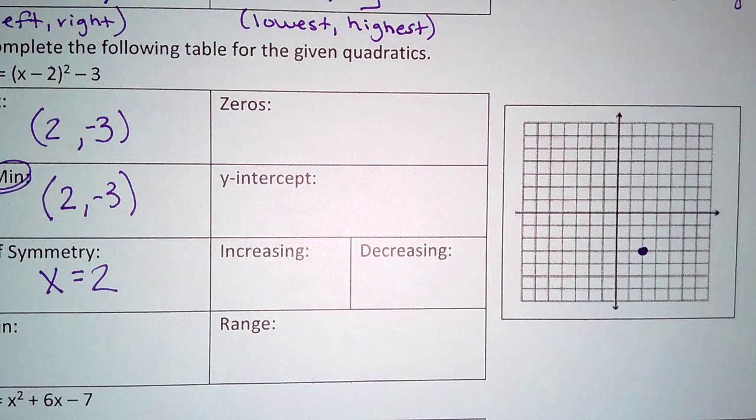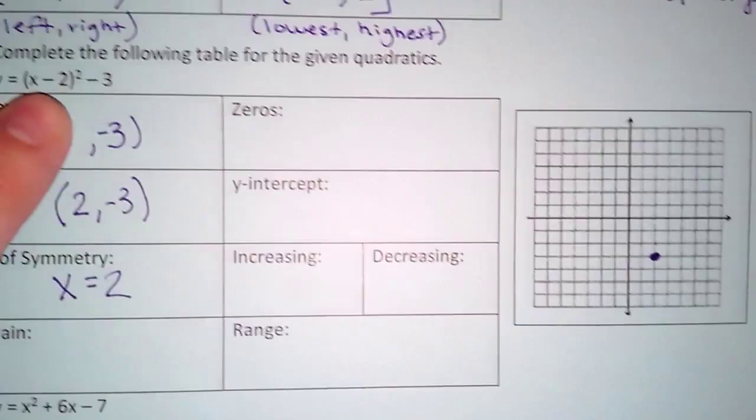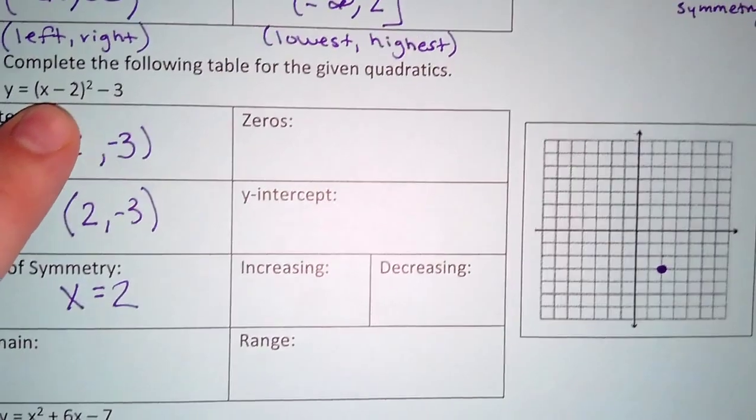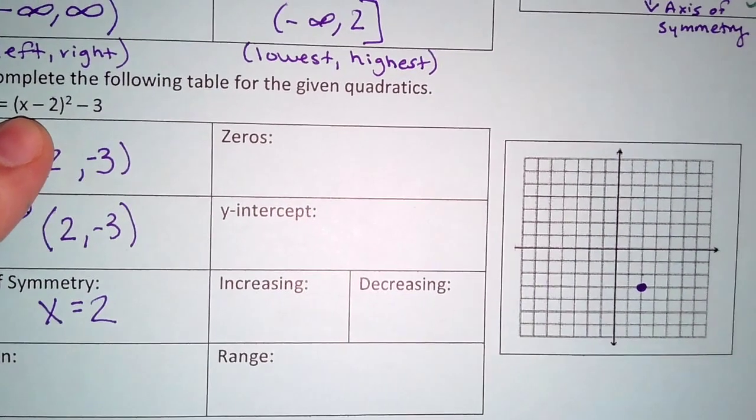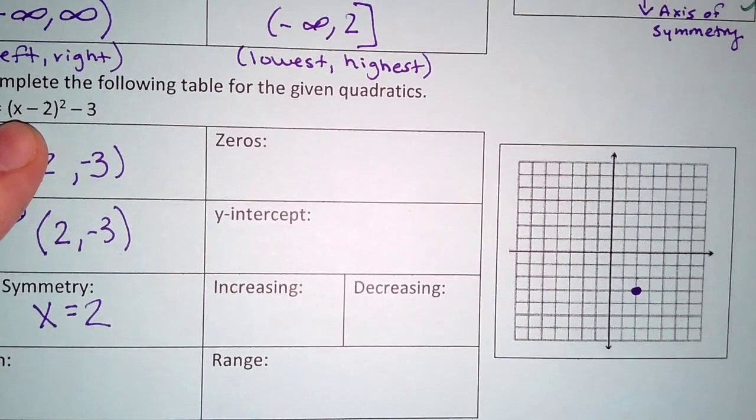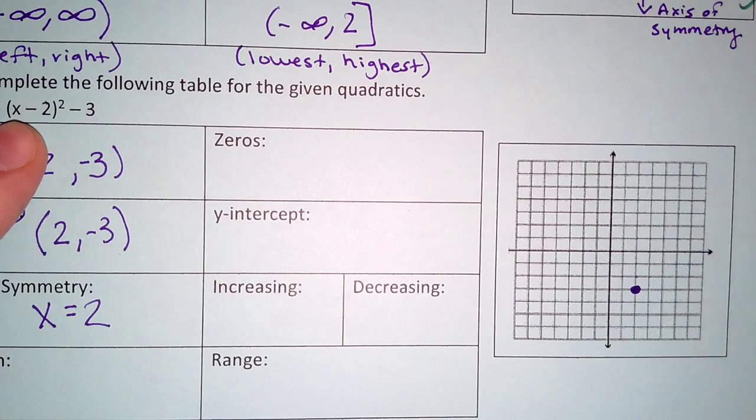Okay, zeros. Well, it's what we did on that board right behind me. We took the equation and we solved it. I didn't really leave you a ton of room. I'm going to say my bad on that one. So we're going to squeeze it in there, or you could get a piece of loose leaf paper and tape it or staple it to it.